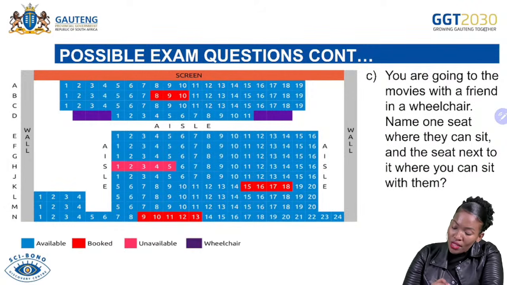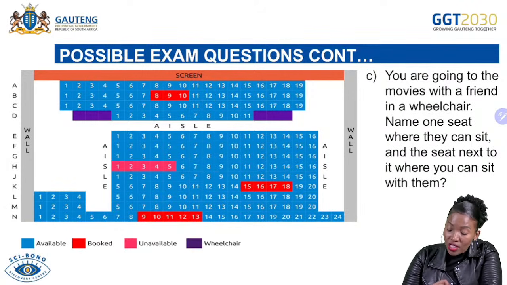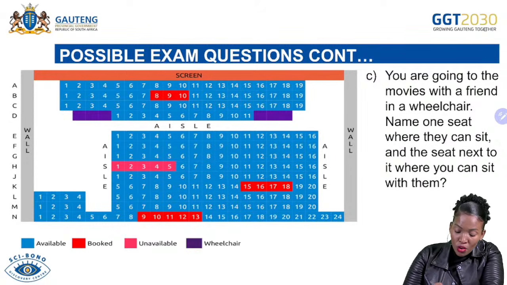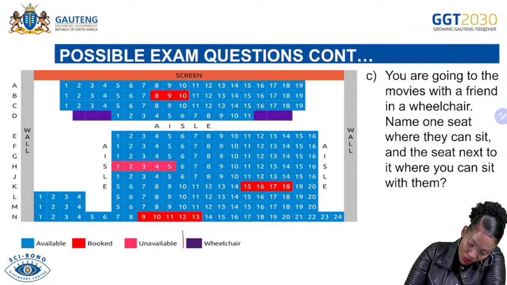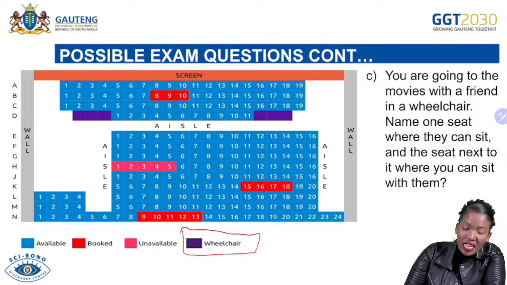You are going to the movies with a friend in a wheelchair. Name one seat where they can sit and the seat next to it where you can sit with them. So remember here, we've got a key for people that are using wheelchairs. The key used for wheelchair users is the purple seat.